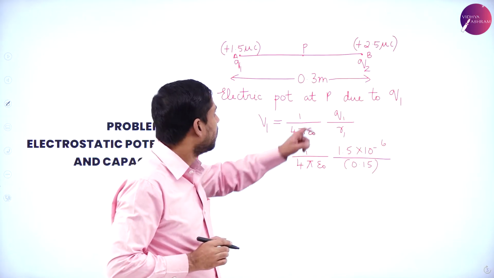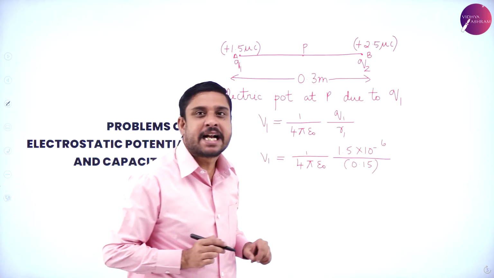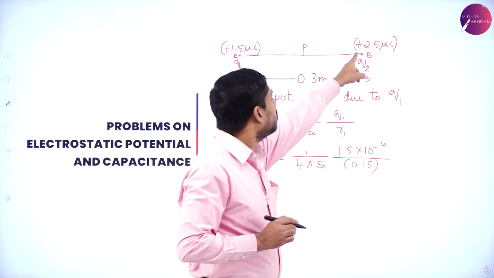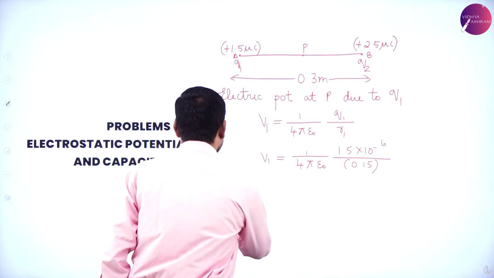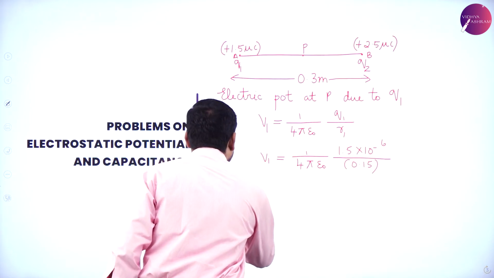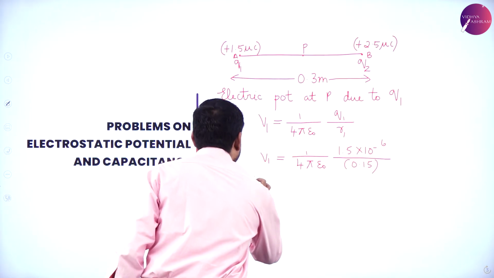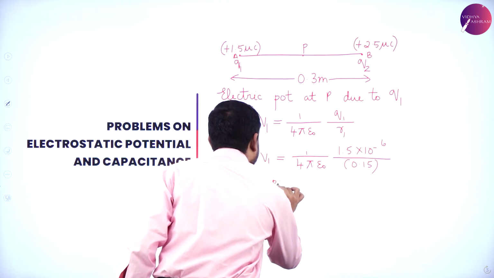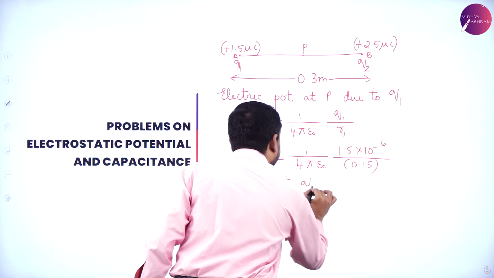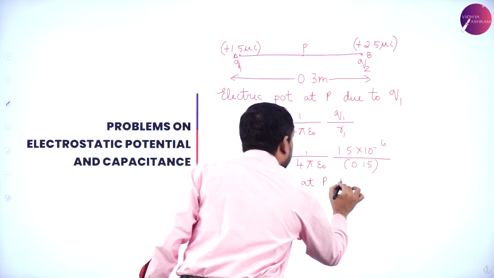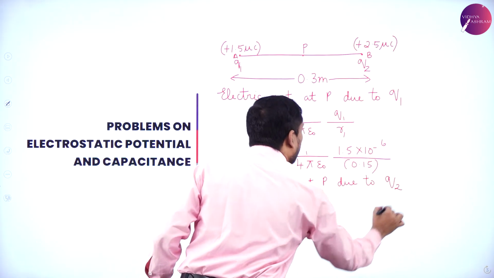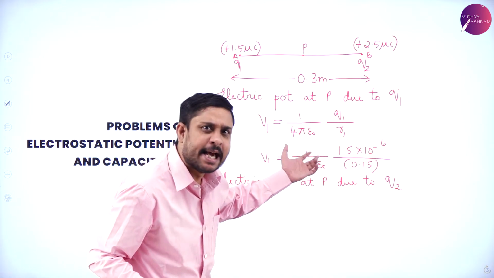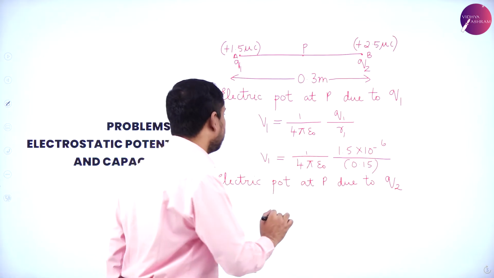Next, potential at P due to the charge at B. So, electric potential at P due to Q2. The same formula.